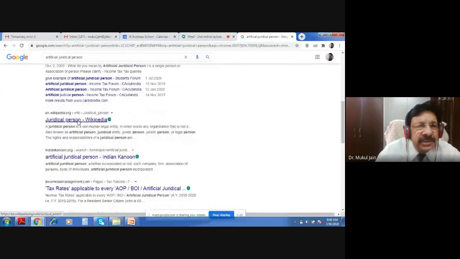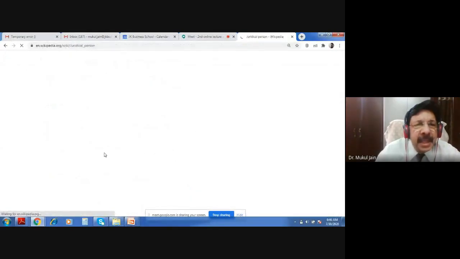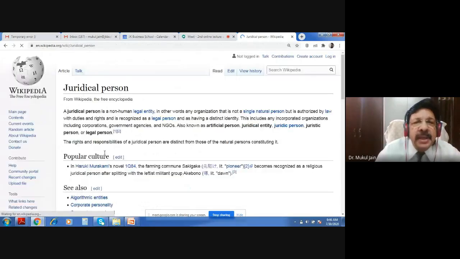From Wikipedia, if I see, a juridical person is a non-human legal entity. In other words, any organization that is not a single natural person but is authorized by law with duties and rights and is recognized as a legal person, and as such having a distinct identity. This includes any incorporated organizations, including corporations.